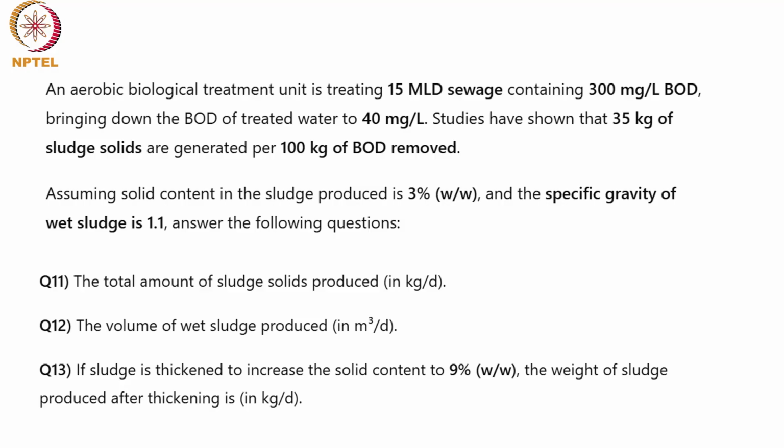The formula for volume of sludge generated is nothing but mass of sludge divided by density of water into specific gravity of solids into percentage of solids. Sorry, into specific gravity of sludge.